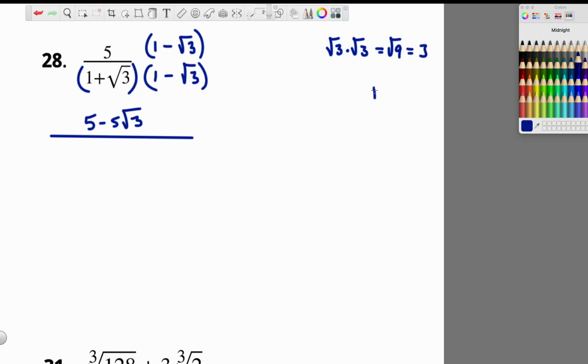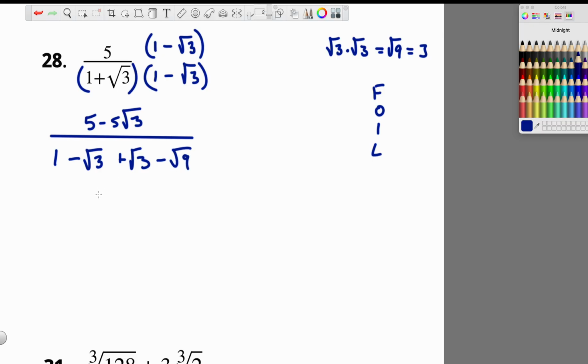So we're going to have to now FOIL, because we're multiplying 2 binomials. First: 1 times 1 is 1. Outside: 1 times negative root 3 is negative root 3. Inside: root 3 times 1 is positive root 3. And last: root 3 times negative root 3 is negative root 9.